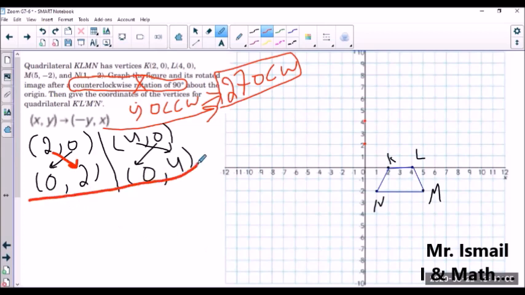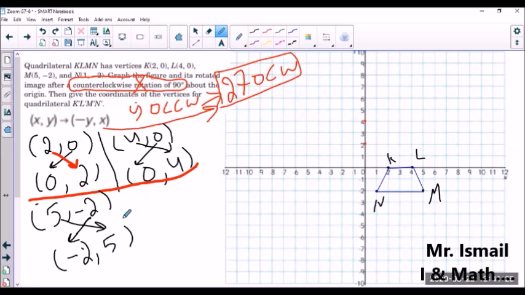Next, M. M is 5, -2. Switch: -2, 5. And you have to multiply y by negative. Negative with negative to be plus. So the point is 2, 5.